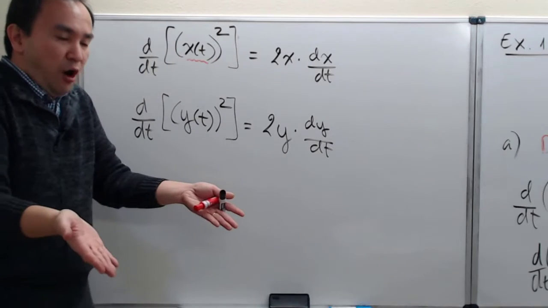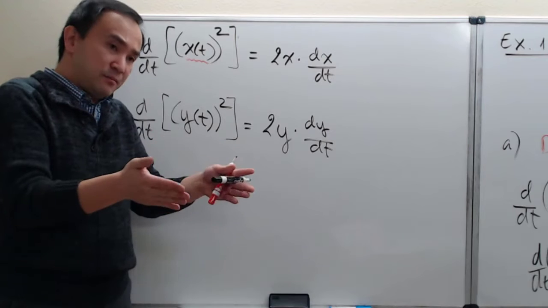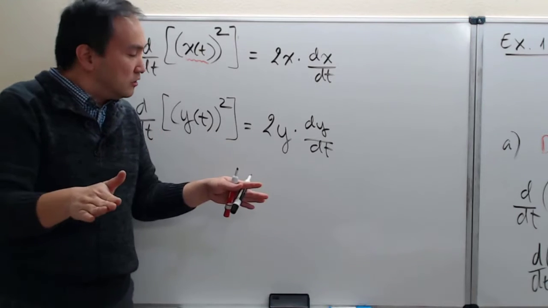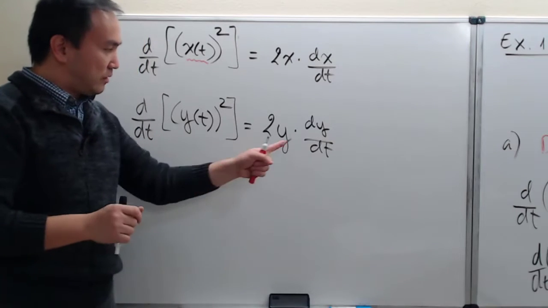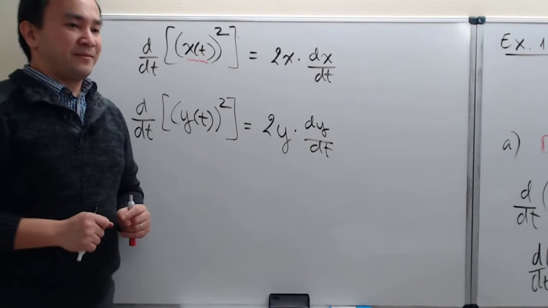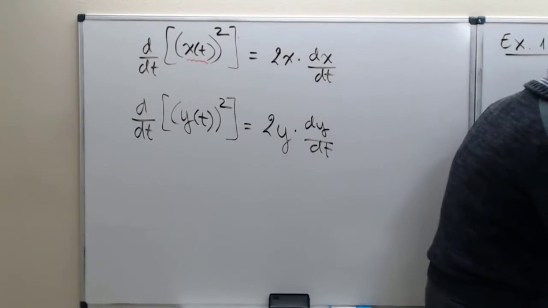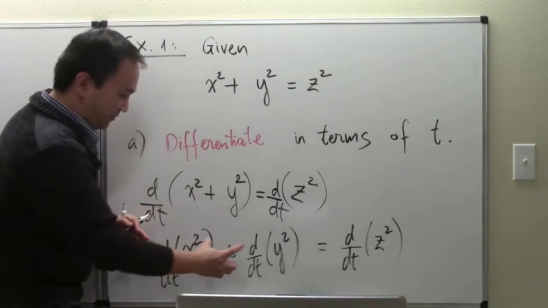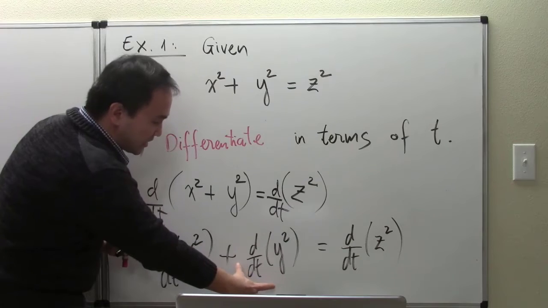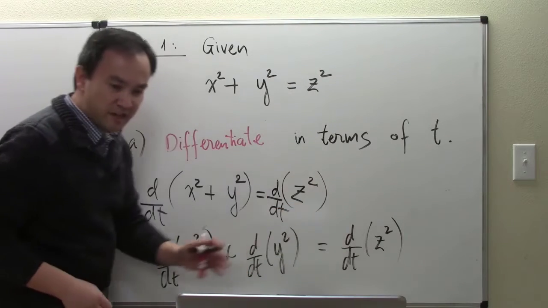But sadly, we only know that the inside is an implicit function of t, with no clue of how to solve for that in terms of t. So I'm leaving that as the implicit derivative dy/dt. Okay, and so now that takes care of our term in the previous step. So now let's move on to the term on the opposite side of our equation.